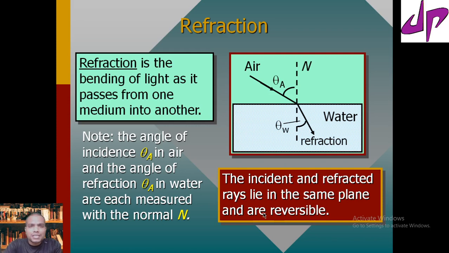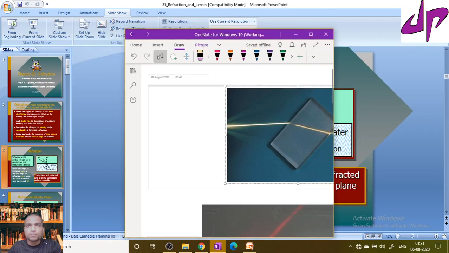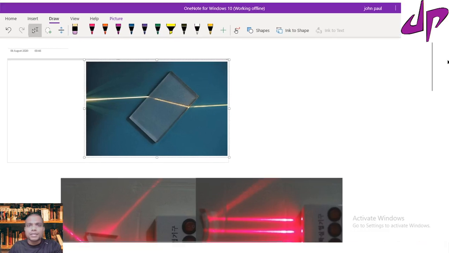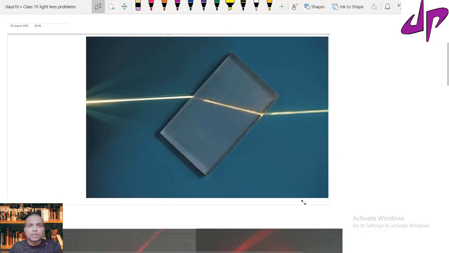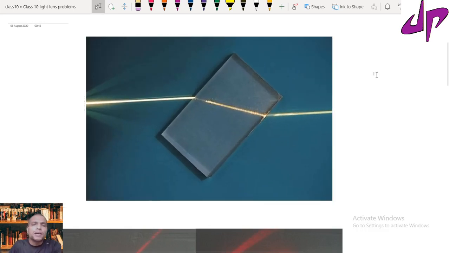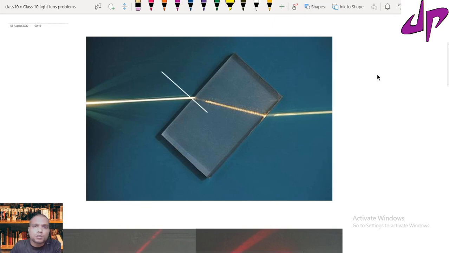Now we saw the same property for the glass slab also, and we saw the same property for the lenses also. So if you take the same glass slab, this is the glass slab, we define the same property here. Suppose a light ray is traveling, and you draw a normal here.